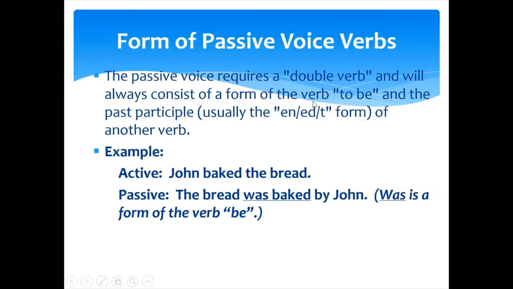And the past participle is usually used in passive voice. As you can see in the example, the bread was baked by John. In the sentence, was is a form of the verb be or to be.